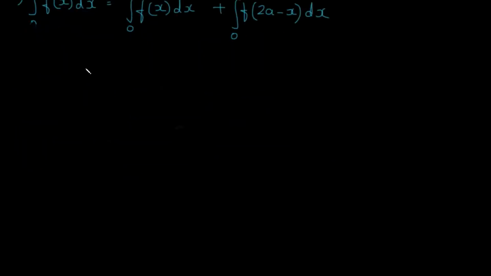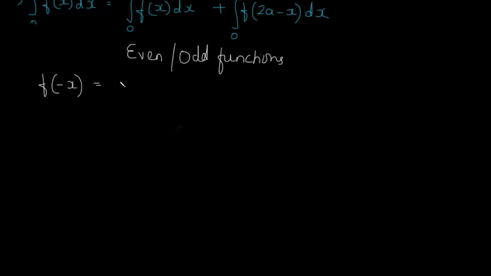Now before going further with property 8, we also learned that there are two types of functions, that is even functions and odd functions. Now what is an even function? Suppose f(x) is a function, and if you take f(-x), and that comes out to be f(x), this implies that f(x) is even.